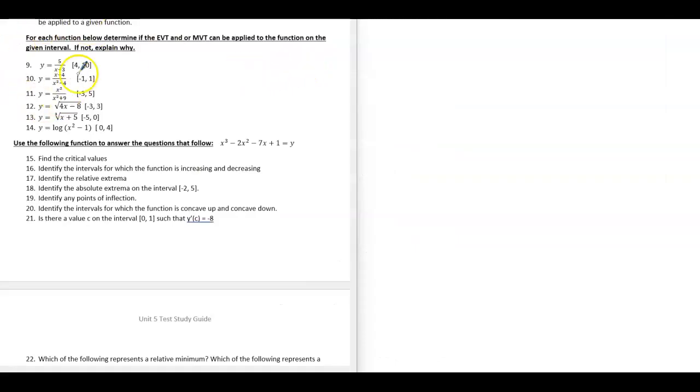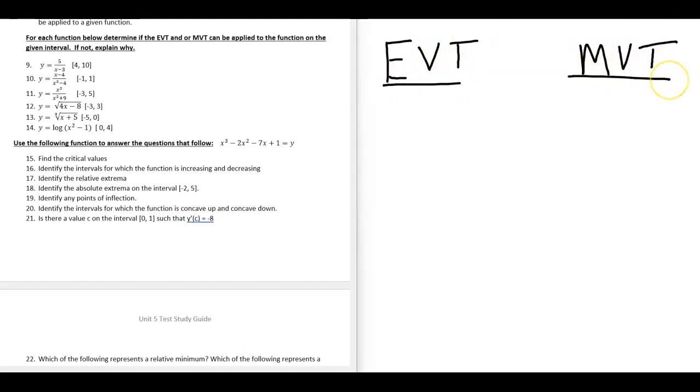All right, so number 9, we want to know, does the EVT apply to this function? And we also want to know, does the MVT apply? Now for the EVT to apply, the function has to be continuous on the interval AB.